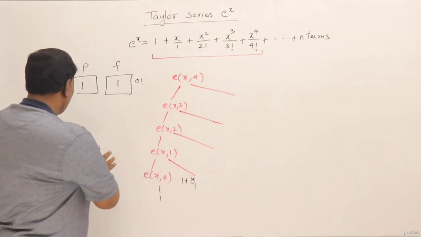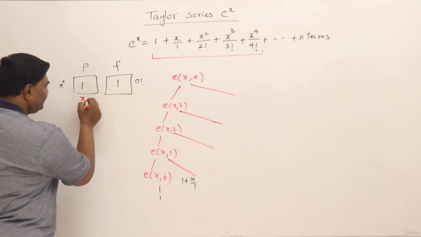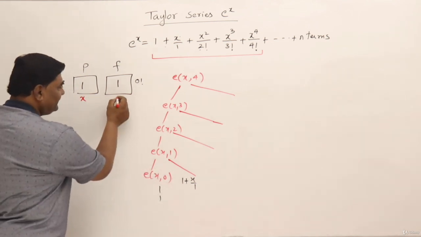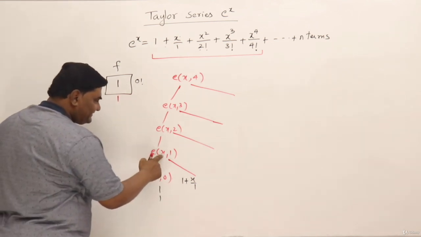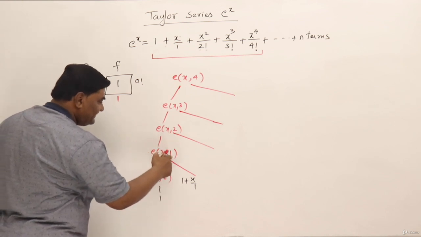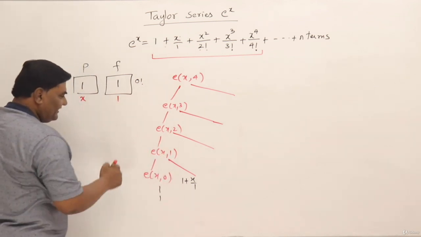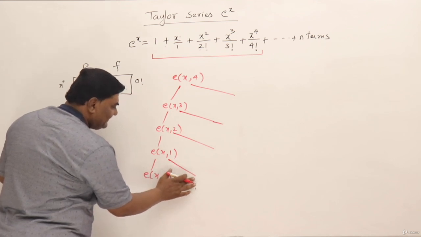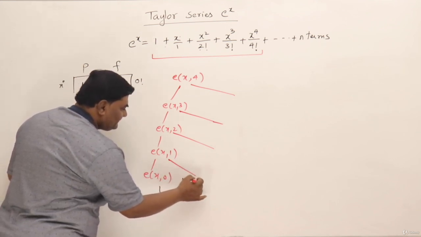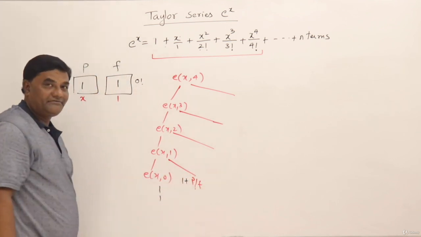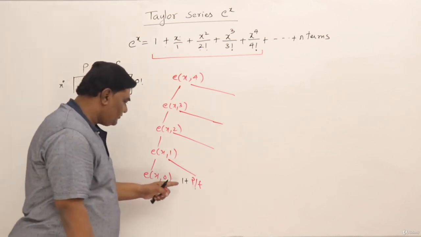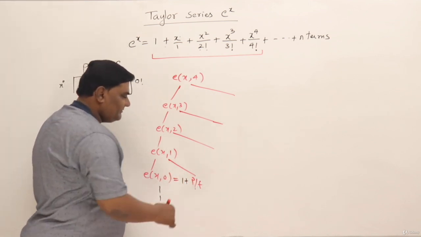So let us multiply this p with x and factorial with 1. So this x and this one, this x is multiplied with p and this 1 is multiplied with f. So let us write it as p by f. So this one is the result obtained by this function plus p by f.